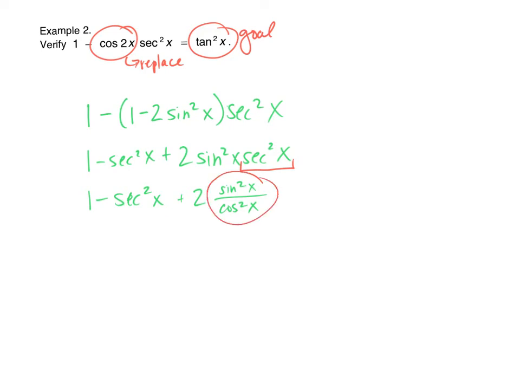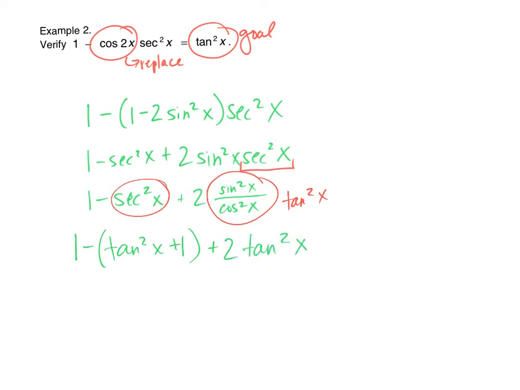So this is now tangent squared x, and we'll replace that in the next line. And the other thing I'm going to do is secant squared x has an identity involving tangent squared, and so I'm going to replace secant squared x with tangent squared x plus 1. And then my last term becomes 2 times the tangent squared x.